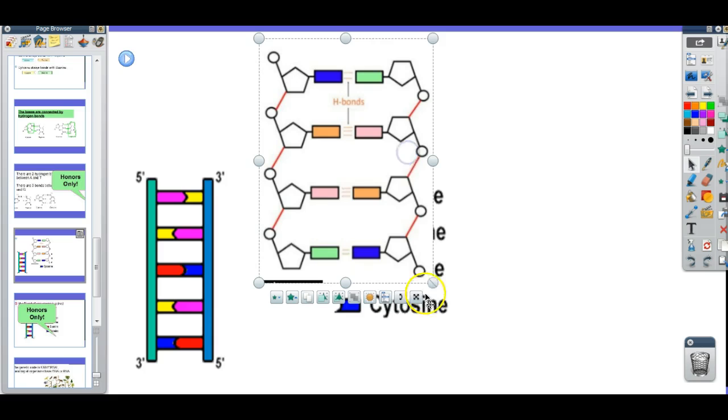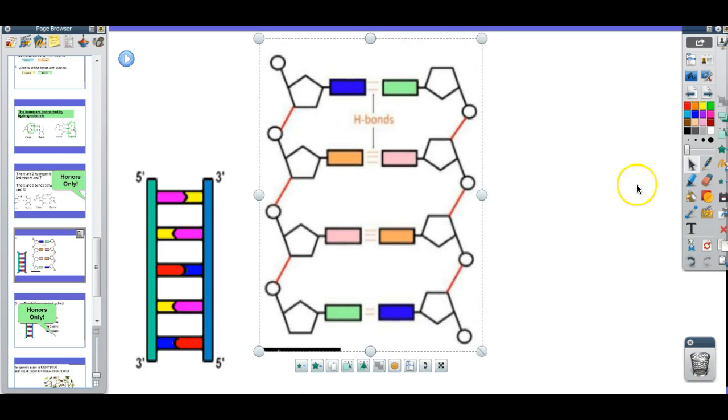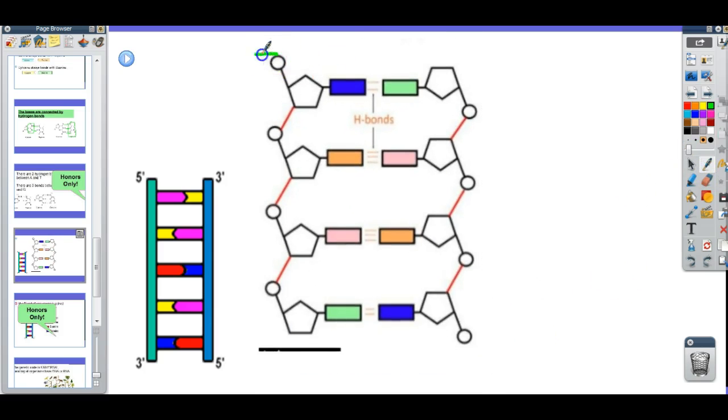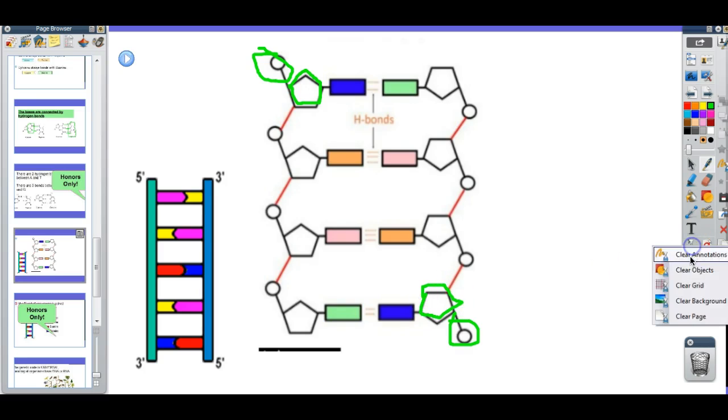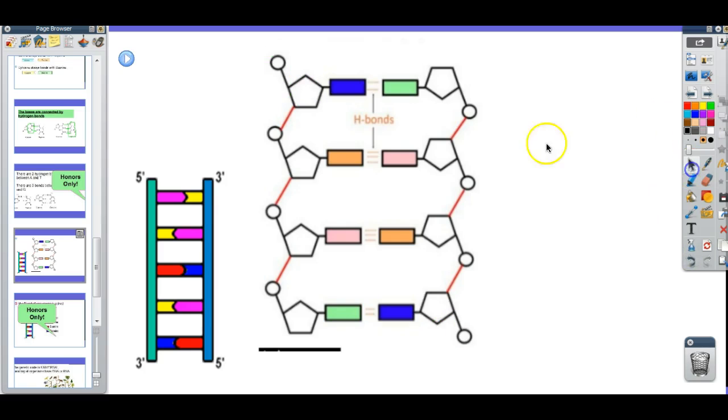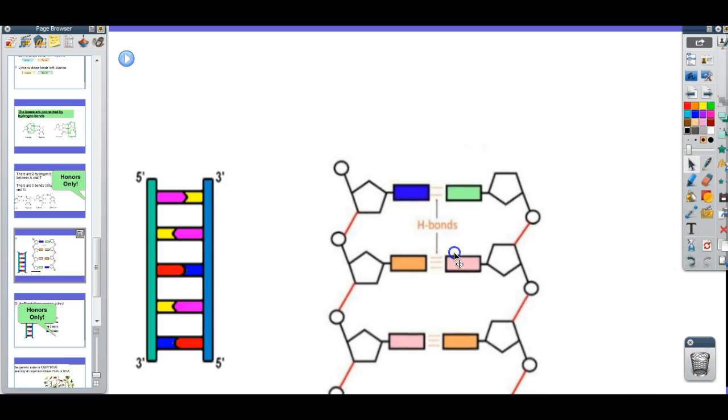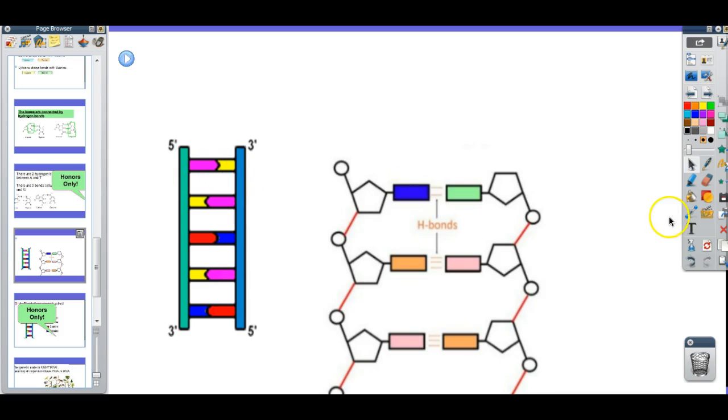So look at this. You guys see how on one strand the phosphate is pointing up here? On this strand, the phosphates are pointing down. Or if we look at the house, the pointy part of the house is pointing up here. It's pointing down here. So our strands run in opposite directions, right? Sometimes you'll see them labeled as 5 and 3 ends.